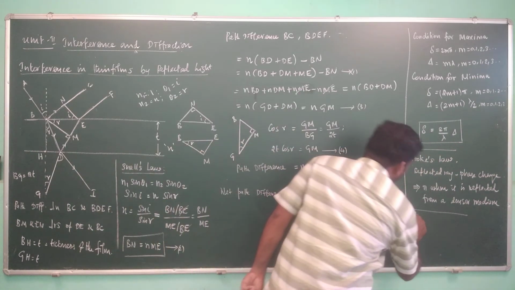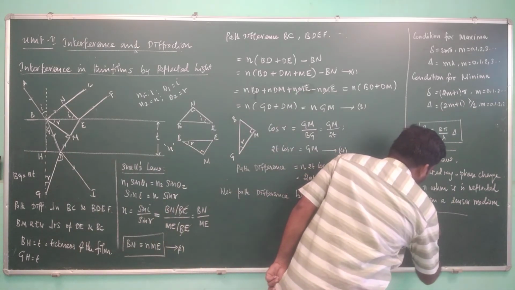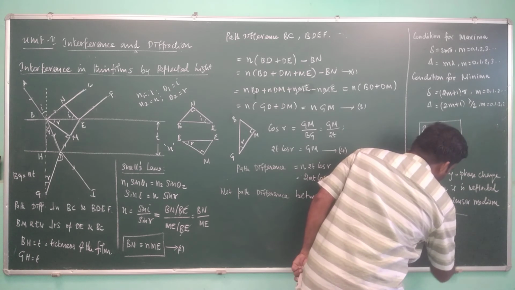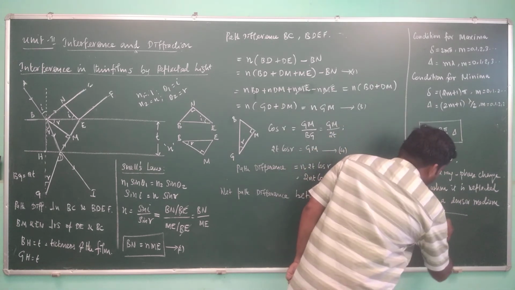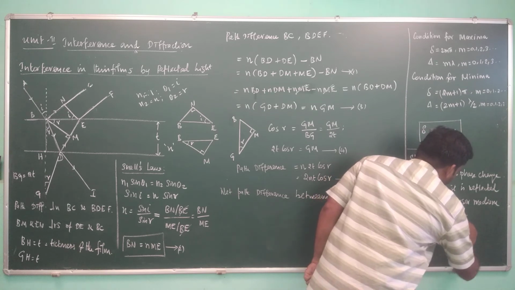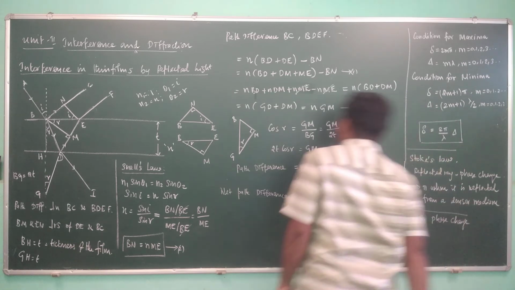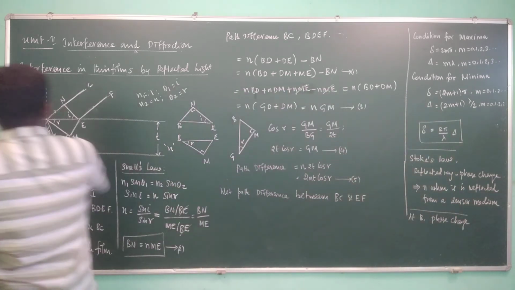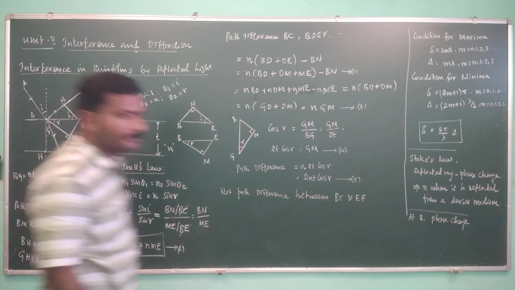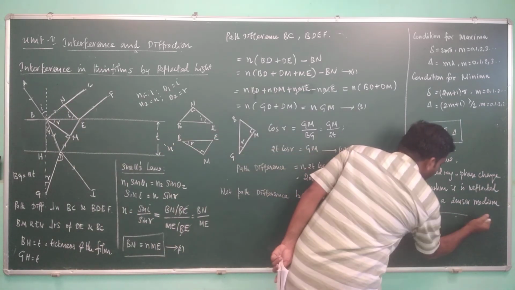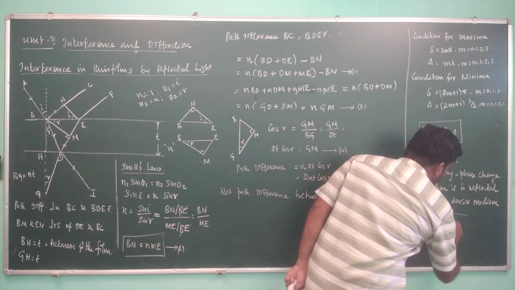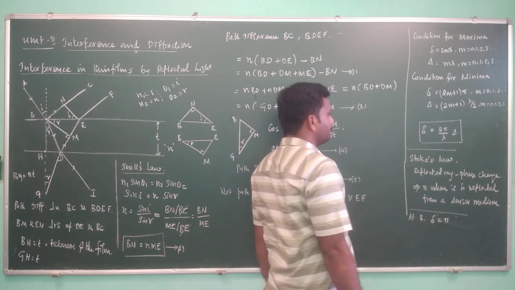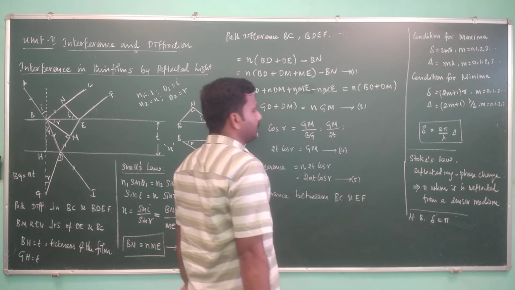So at point B, the phase difference between the incoming and reflected ray is delta, which is equal to pi.